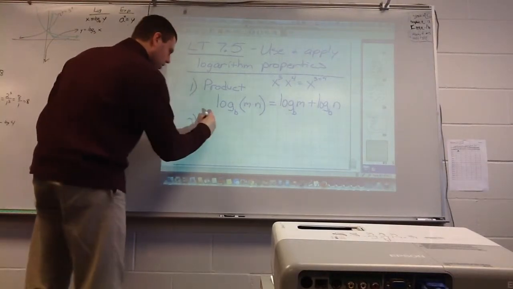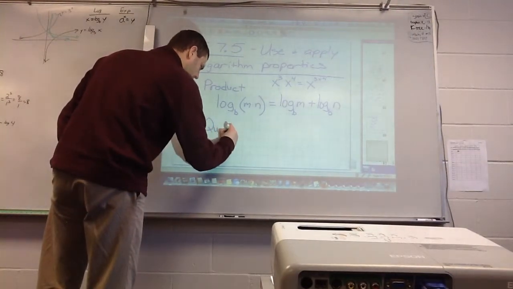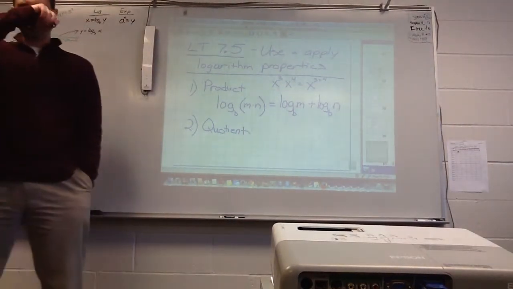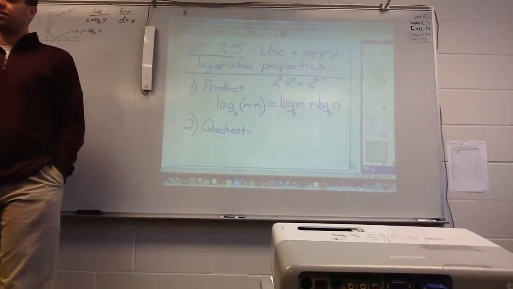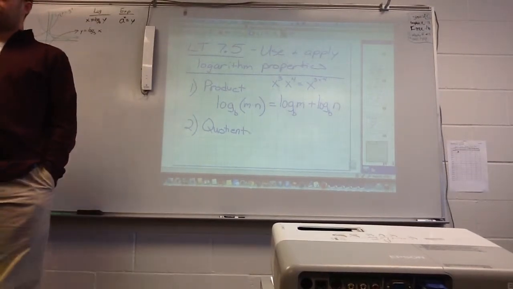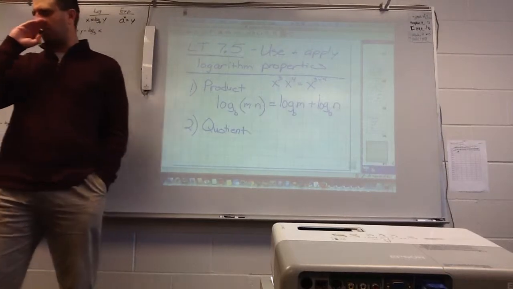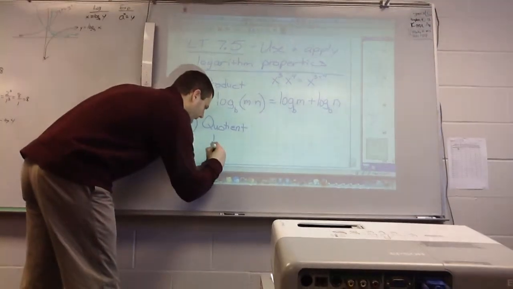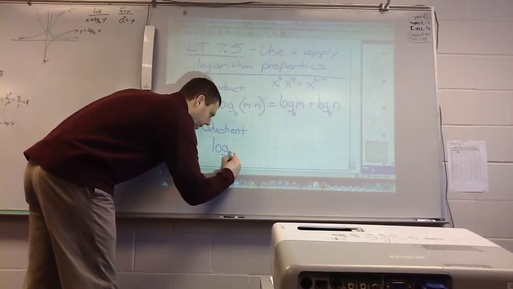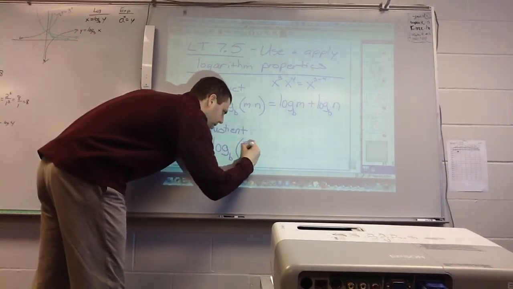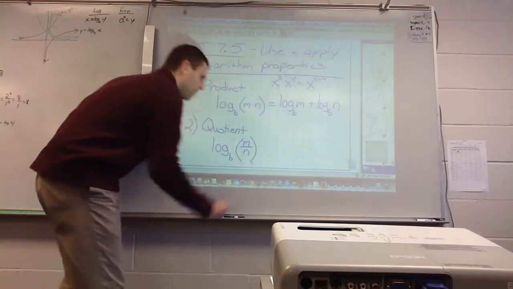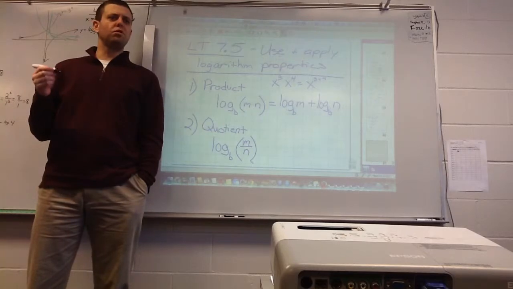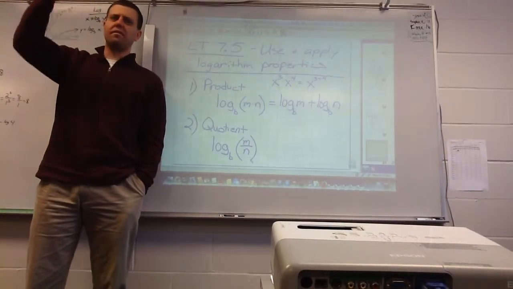The next one is the quotient rule. Quotient is a fancy word for division, right? Alright, so if I have log to some base of m divided by n, well, think about it. What do you do with exponents when you're dividing? Subtract.